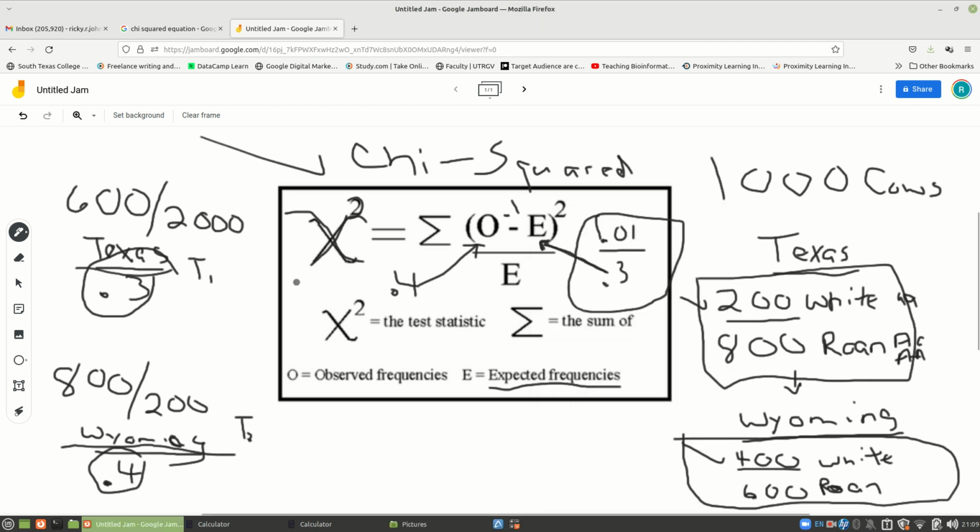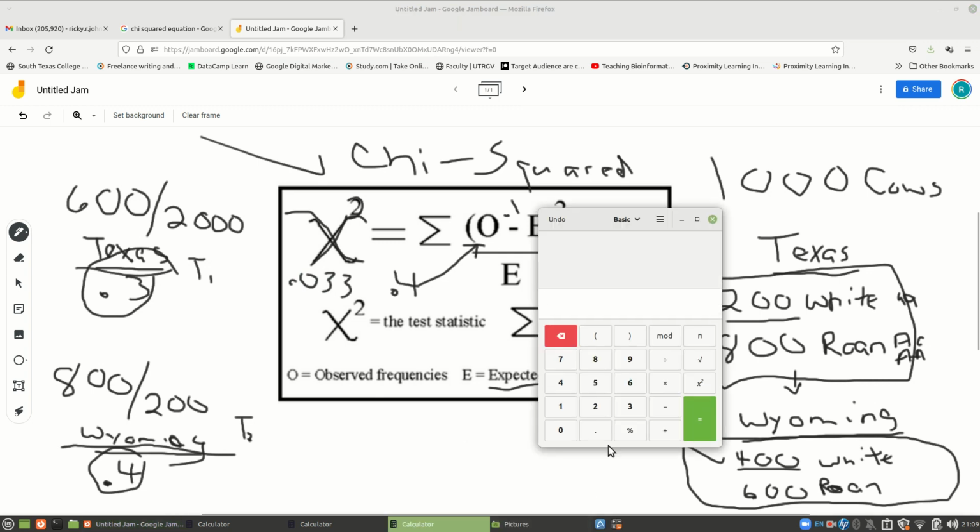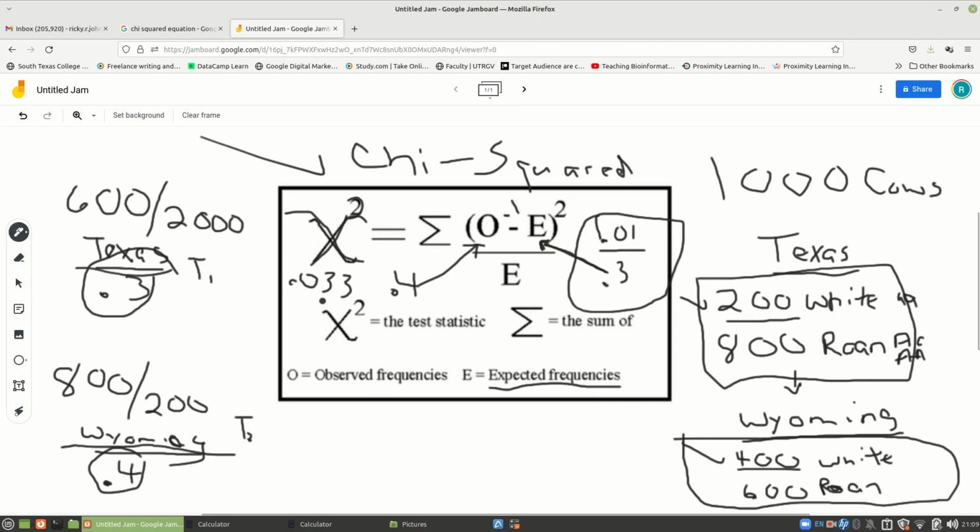0.033. Did I do that right? 0.01 divided by 0.03, and it's 0.33. Yes. So our answer, it's 0.33. Okay. So our answer to the chi-square is 0.3.